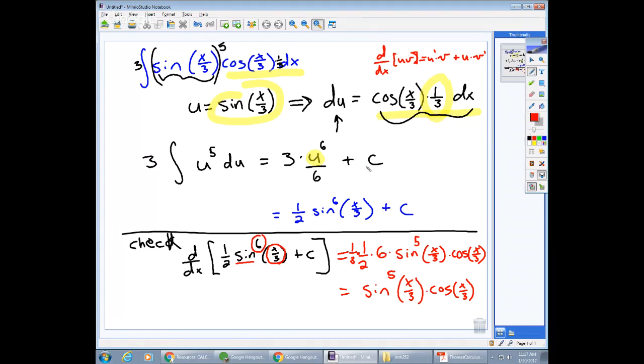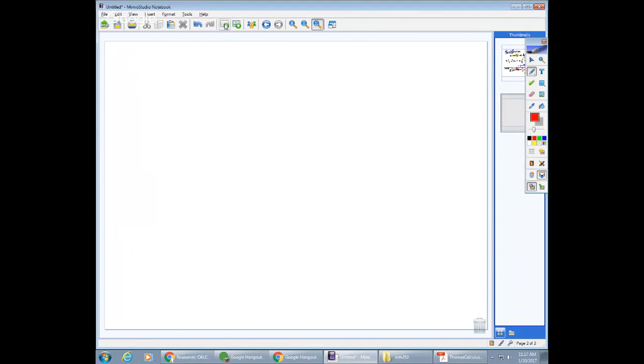Let's try another one. How about, ooh, I'm gonna pick that one because my first glance at it, I have no idea how to do it. That's always gonna be exciting. All right, so the integral of, let's see, do I have this right?